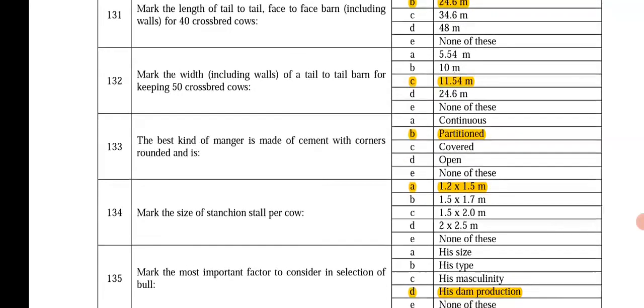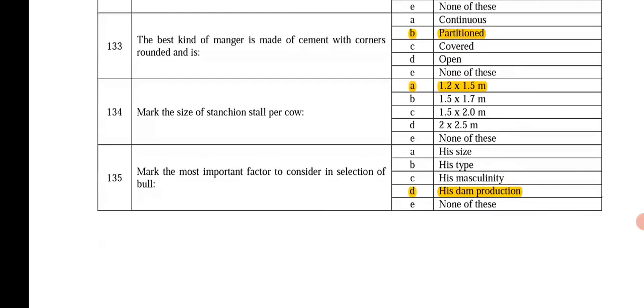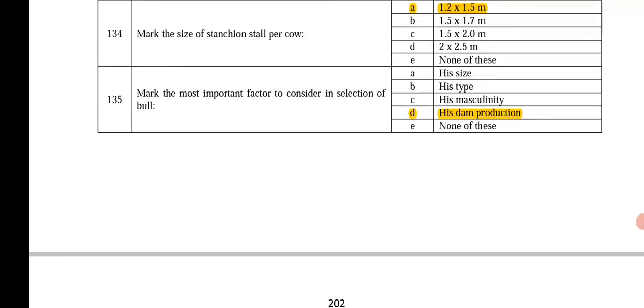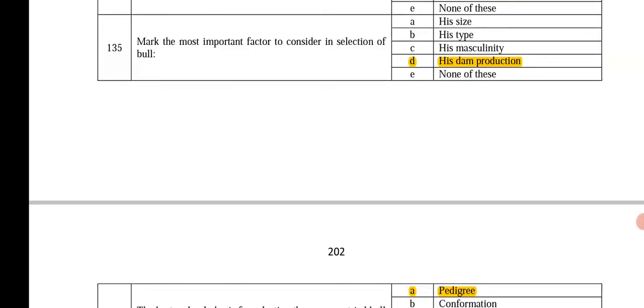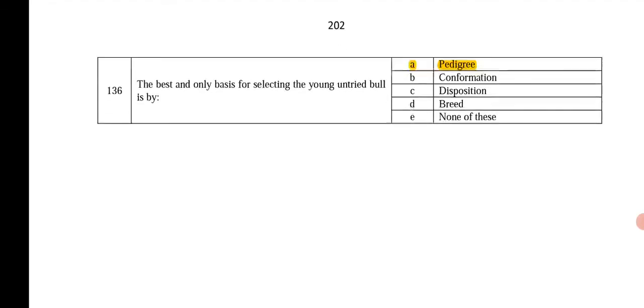Mark the size of tension stall per cow. 1.2 by 1.5 meter. Mark the most important factor to consider in selection of bull. His dam's production is the most important factor to consider in selection of bull. The best and only basis for selection of young and untried bull is pedigree.